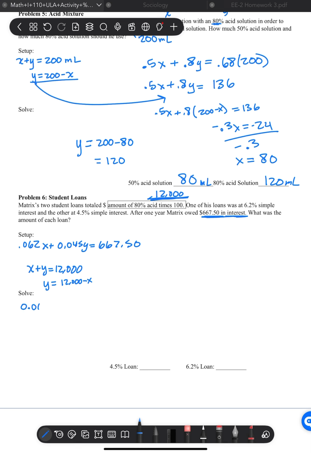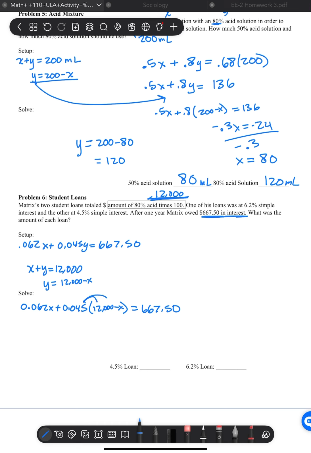So 0.062x plus 0.045 times 12,000 minus x equals 667.50.